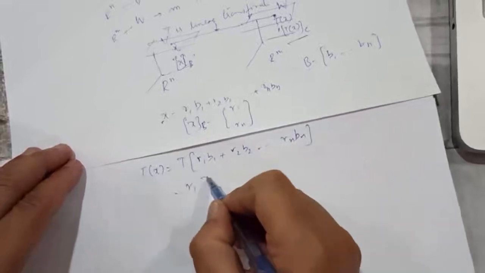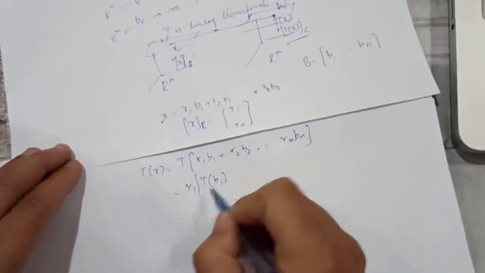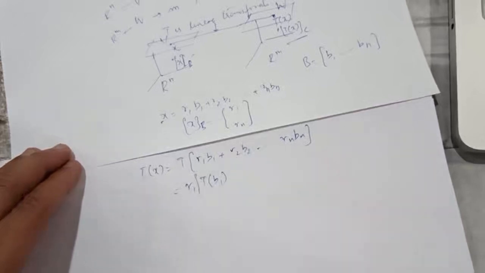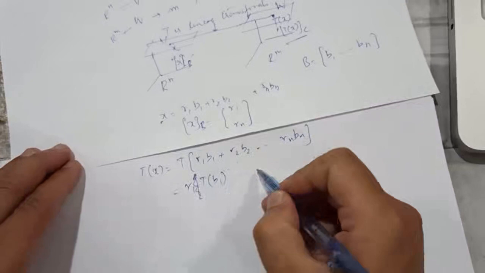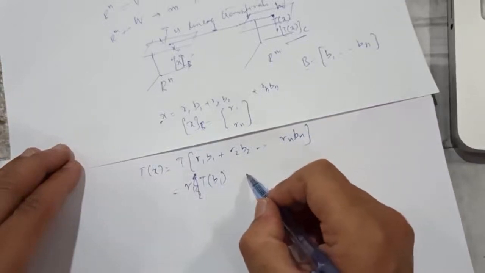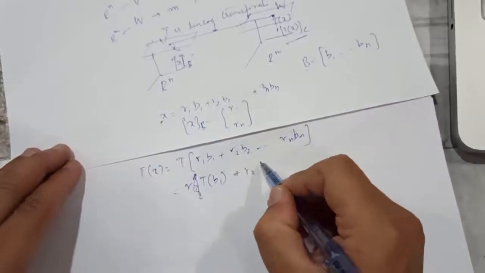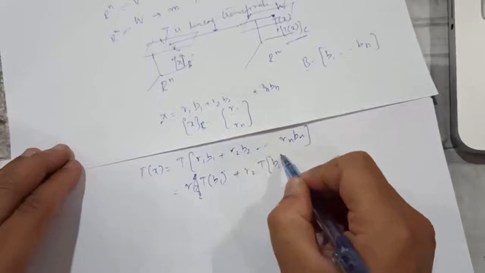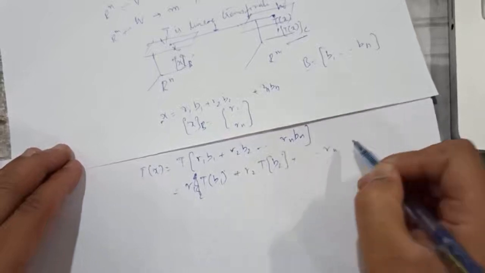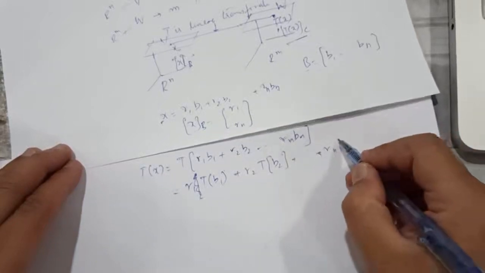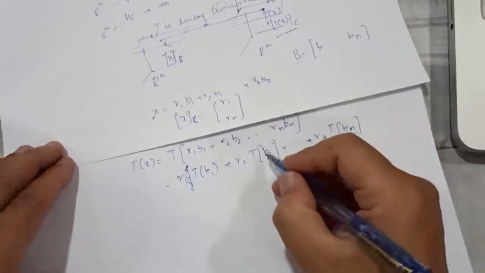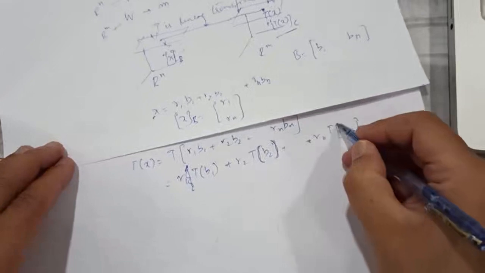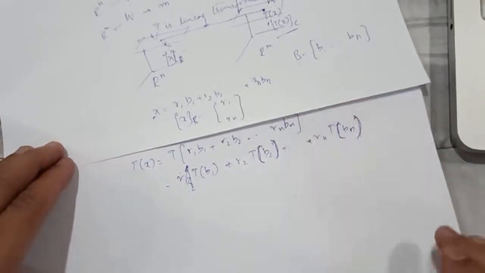It becomes r1 T of b1 plus r2 T of b2, and plus rn T of bn. Okay, I should be writing it like that.